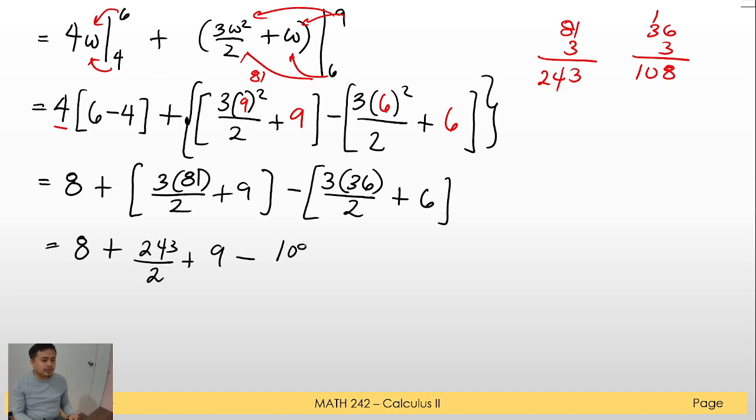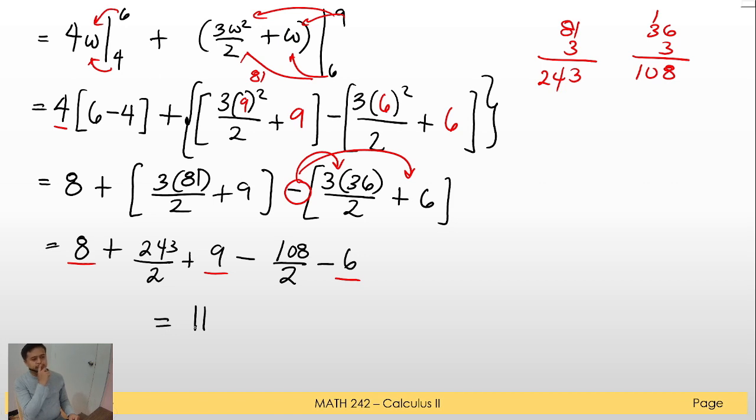So minus 108 over 2, so distribute this negative sign for both, and then minus 6. So simplifying this, 8 plus 9 minus 6, we have 17 minus 6, so 11.